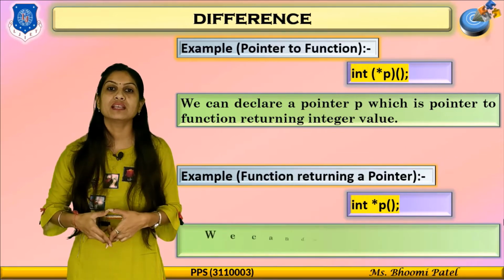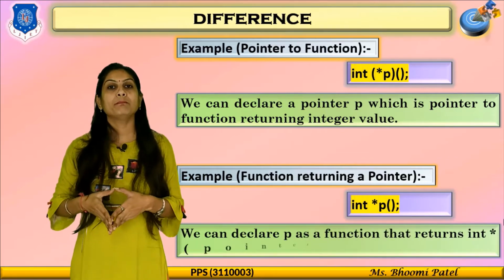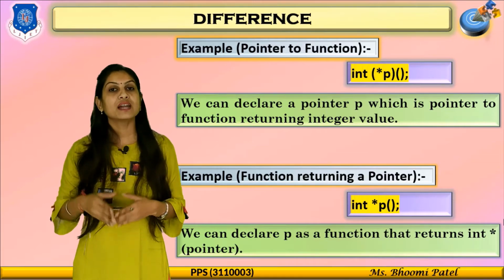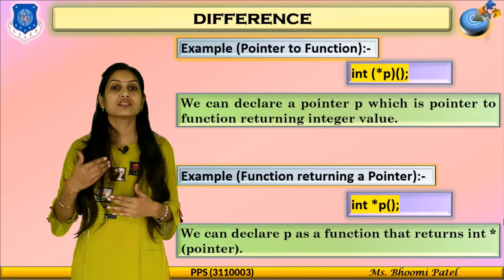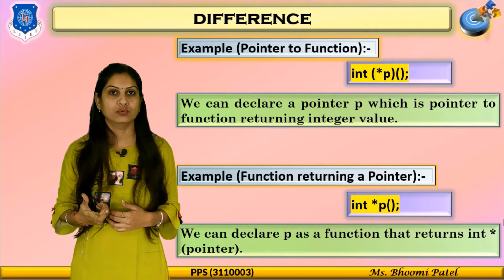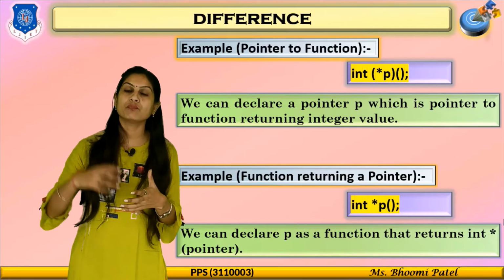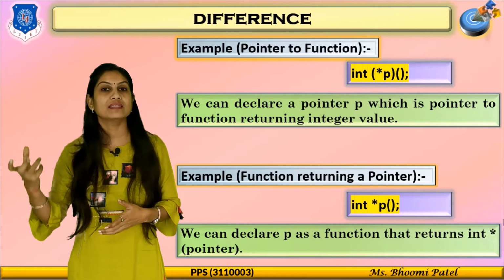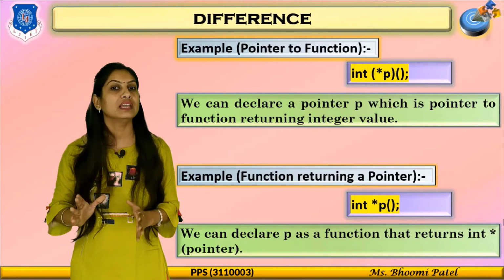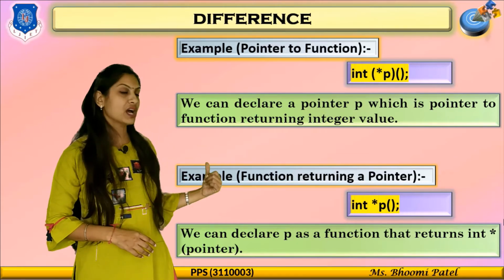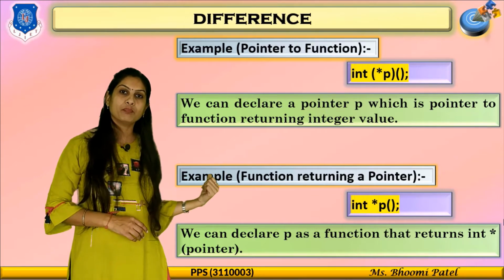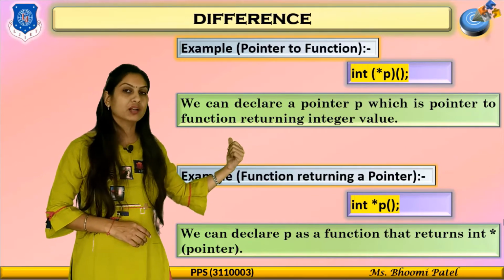Now my P is not a pointer, but my P is a function that returns int star, meaning a pointer value. But in the previous example, my P is a pointer that points to one function, and that function returns only an integer value. And today we have to discuss this topic, function returning pointer.